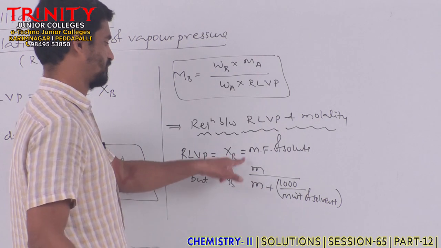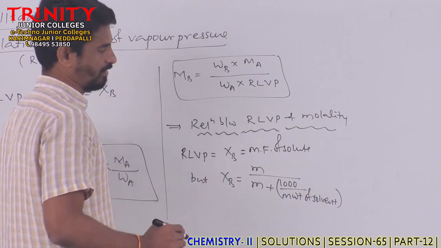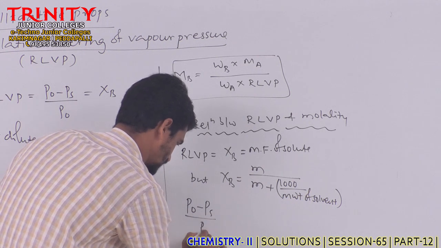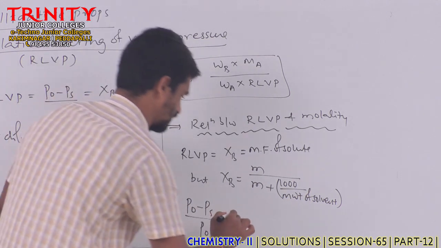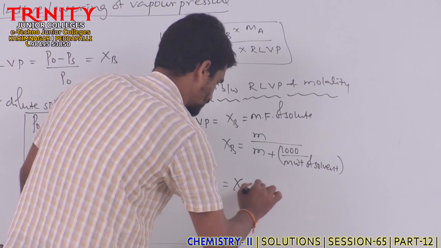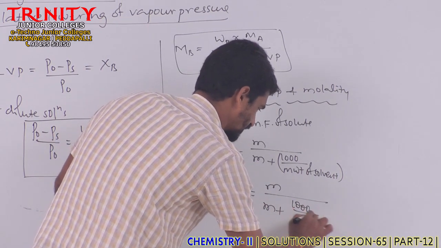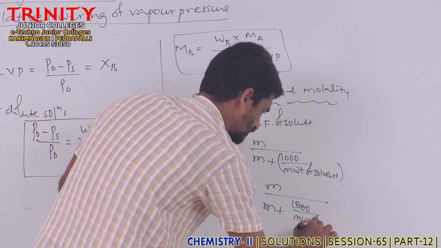From these two relations, RLVP, that is (P naught minus Ps) by P naught, equals the mole fraction of solute, which equals molality by molality plus 1000 by molecular weight of solvent.